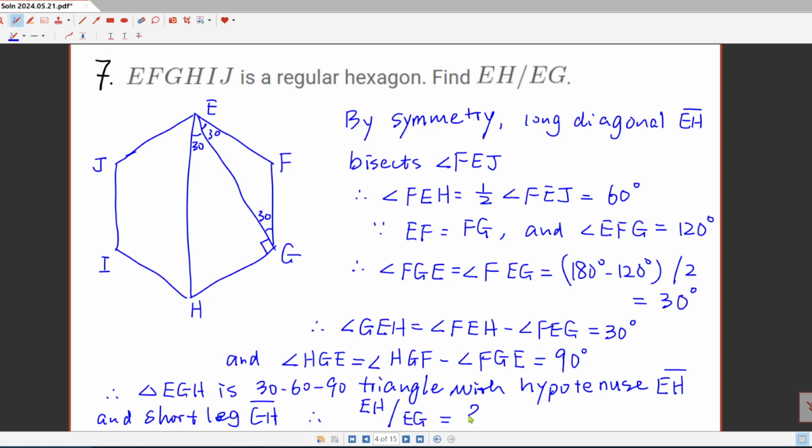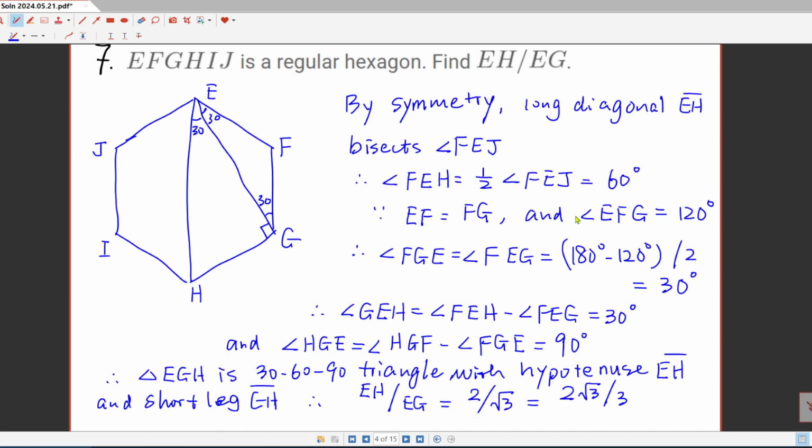Which is 2 over square root 3, and then we need to rationalize the denominator, so that's 2 square root 3 over 3. Okay, have a look at the solution here. Let me know if you have any questions, okay?